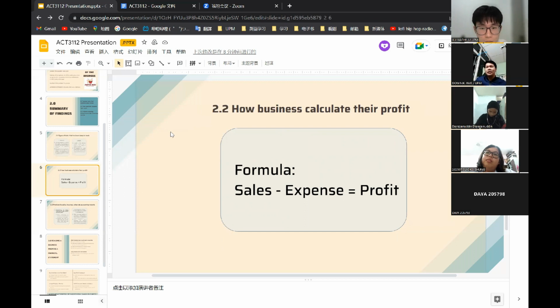The purpose of recording profit in the book is to analyze the business performance, whether every month or every year. Next is how the business calculates its profit. The owner said that the formula she uses is sales minus expenses equals profit.